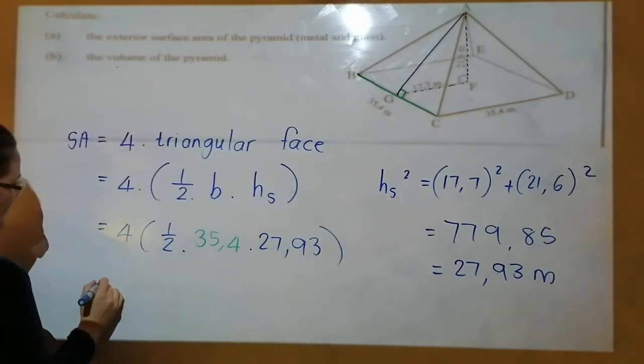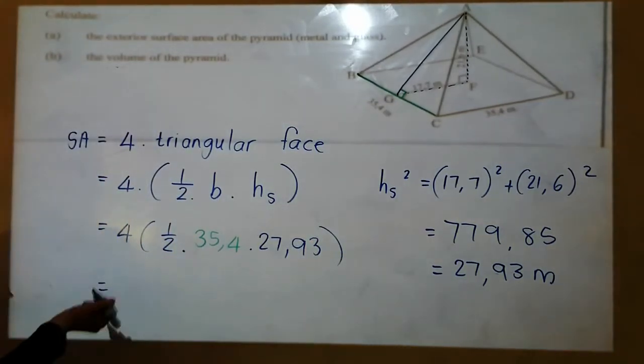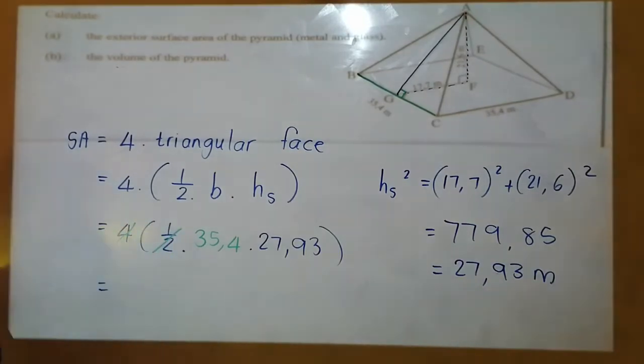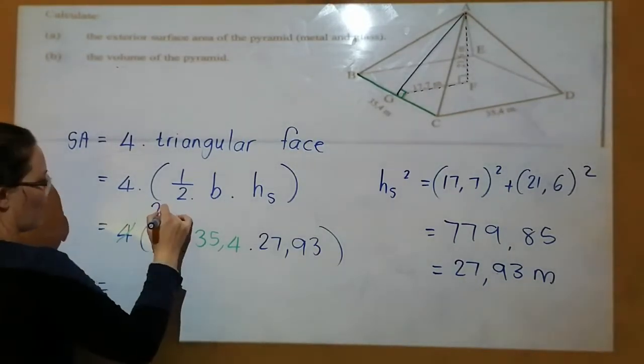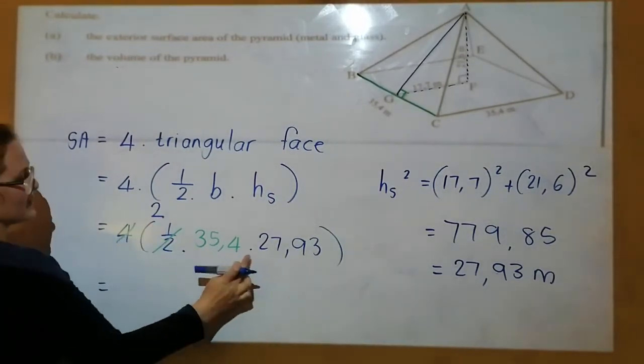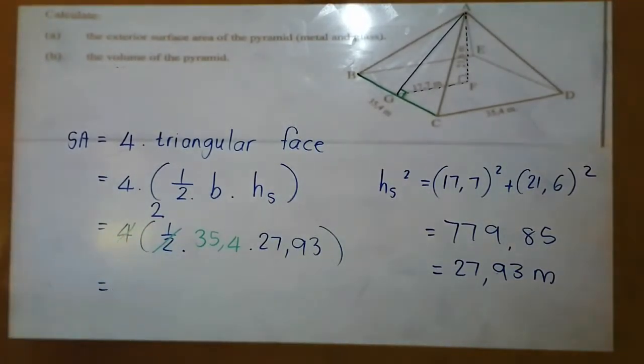And again, you're going to put that into your calculator. If you wanted to, you could see that 4 times a half is 2 right off the bat. So 2 times this, put it into your calculator and get an answer.